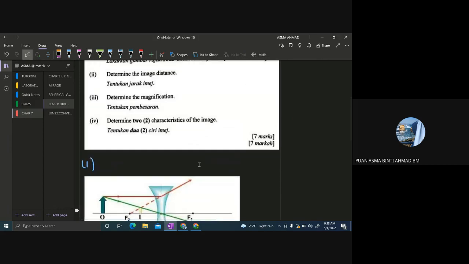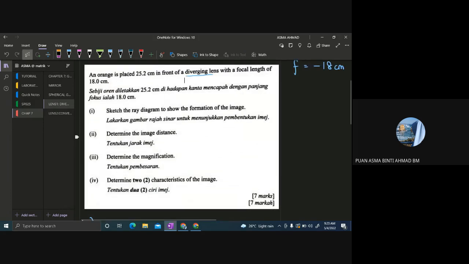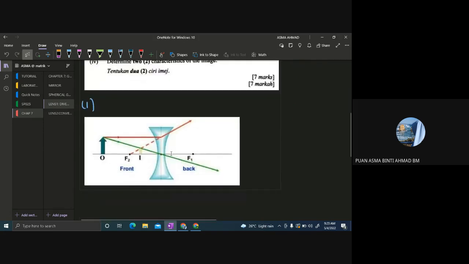Since the question gives the position of the object as 25.2 centimeter, which is greater than the focal length of 18 centimeter, we draw the position of the object far from the lens compared to the focal point.